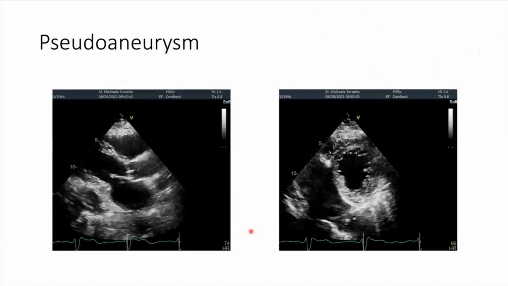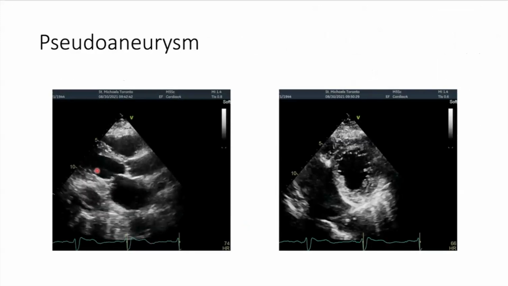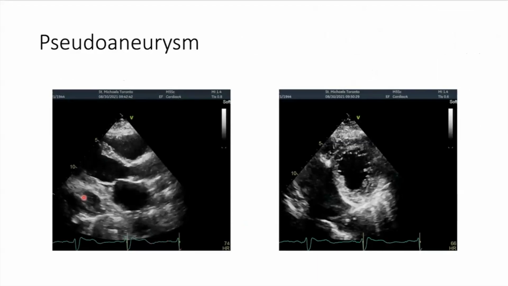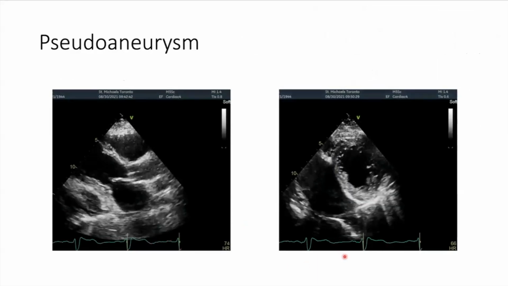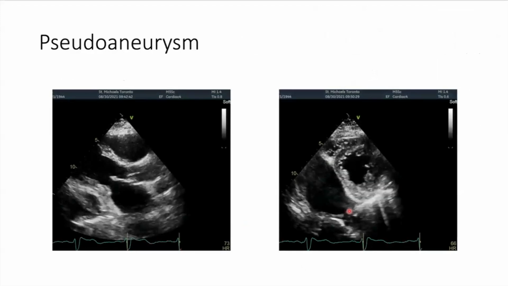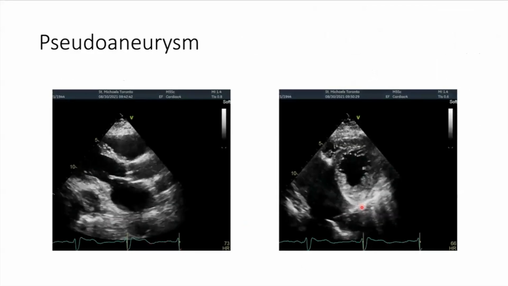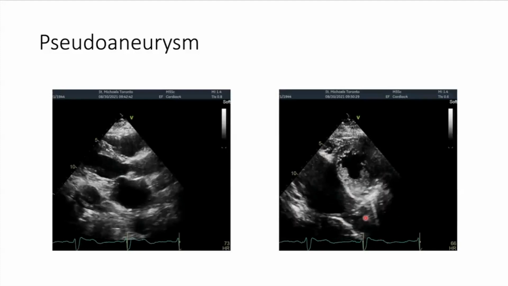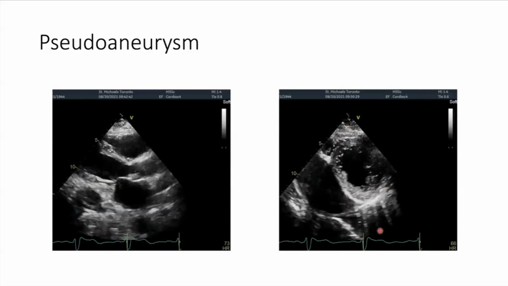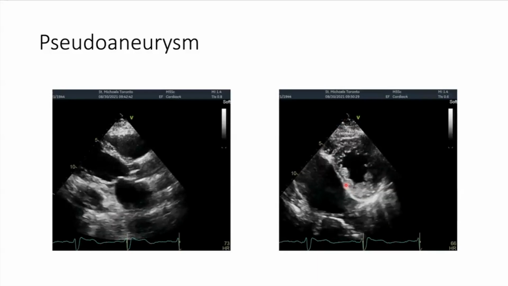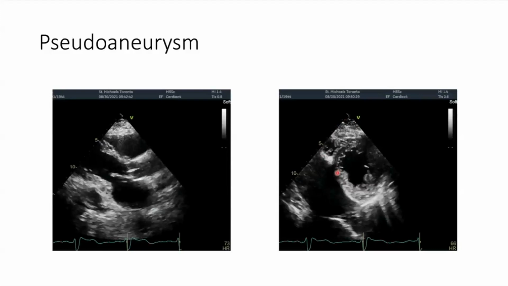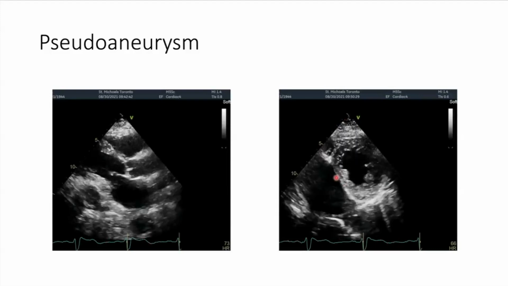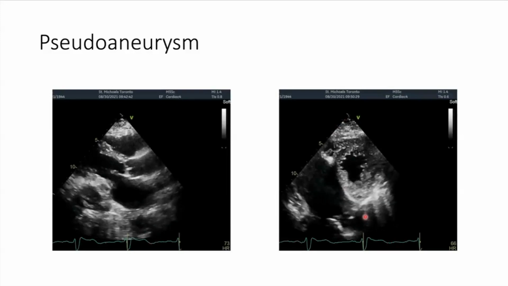We have a parasternal long axis here, and we can see that the left ventricular function is quite reduced, and there's something unusual here. When we try to interrogate further in the short axis, we can see a very large cavity here, and it's essentially a localized pericardial effusion. It's not present in the other segments. You can also see that the posterior and the posteromedial, the inferoseptal, are quite hypokinetic.